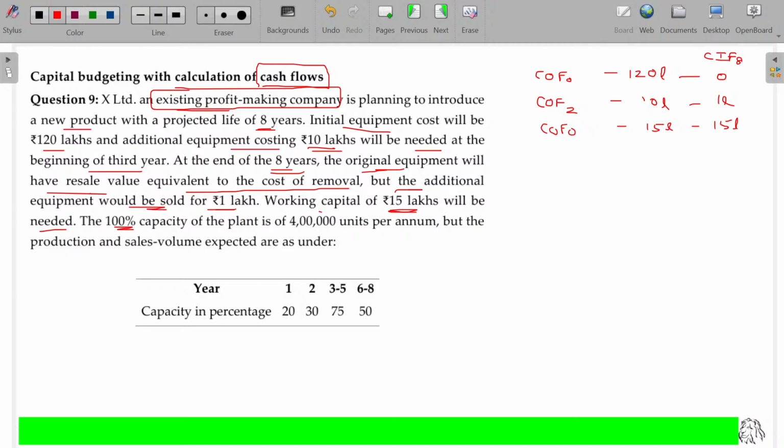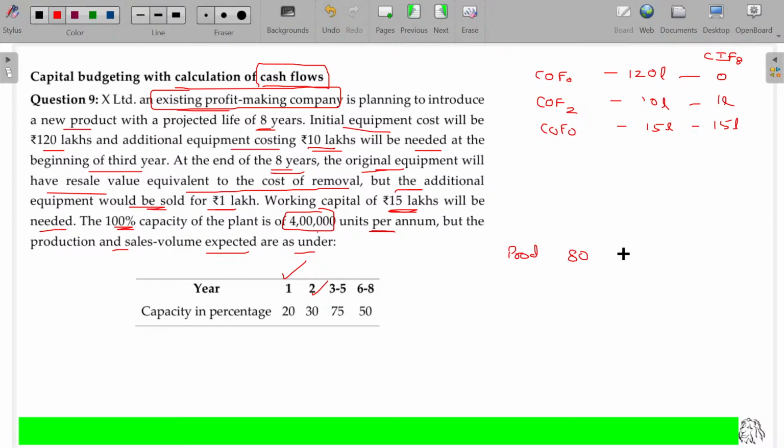100% capacity of the plant is 4 lakhs. This plant has capacity to produce 4 lakh units per annum, which is the 100% capacity, but the production and sales volume expected are as under. You produce only 20% capacity in the very beginning. So out of 4 lakhs, 20% means you can produce only 80,000 units.